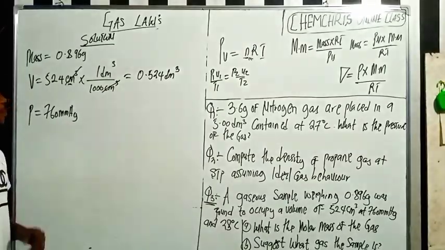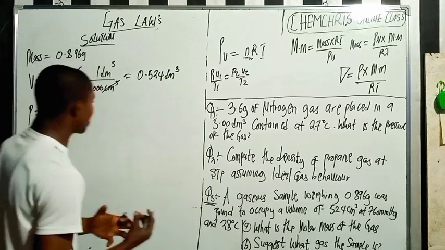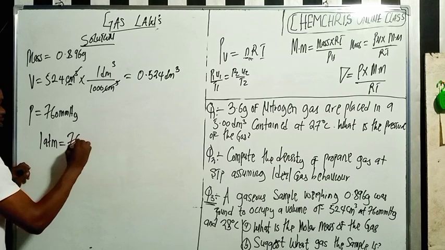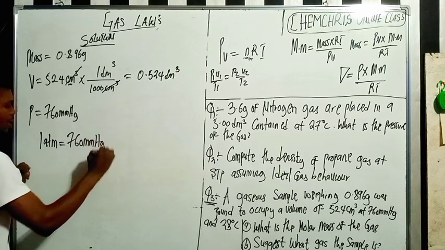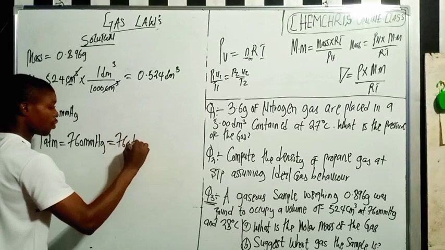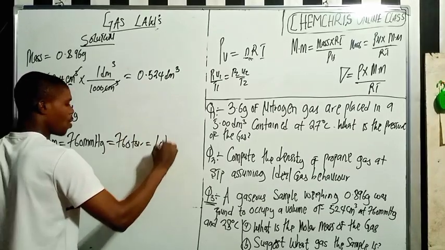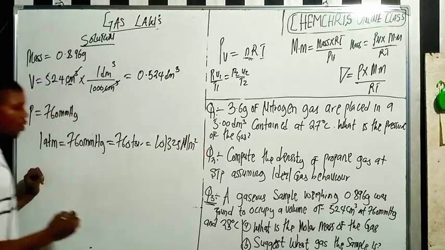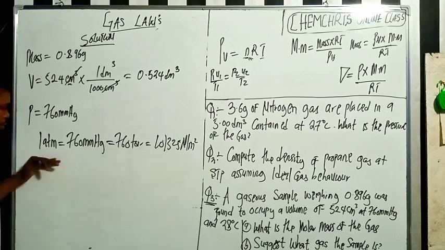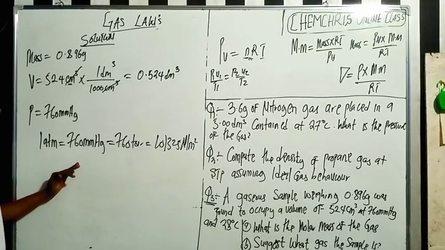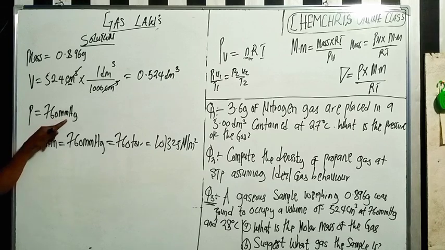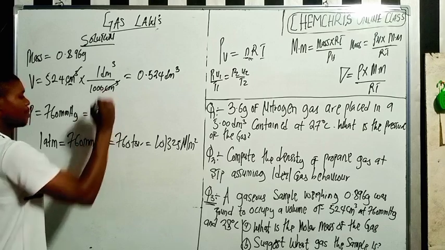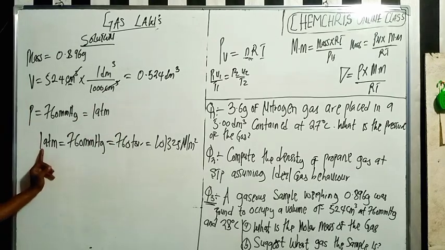In pressure conversion, 1 atm equals 760 millimeter mercury, equals 760 torr, equals 101325 Newton per meter square, which is Pascal. Take this down. Since we have 760 millimeter mercury, that is going to be 1 atm, because 1 atm equals 760 millimeter mercury.